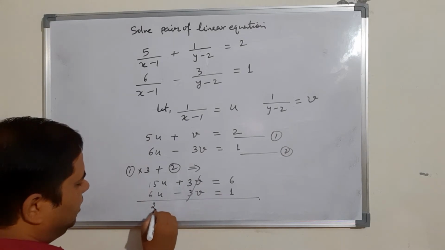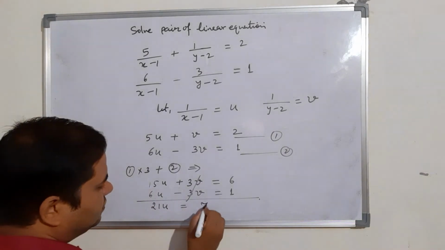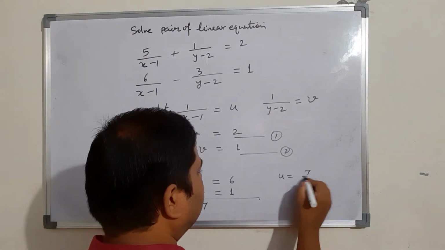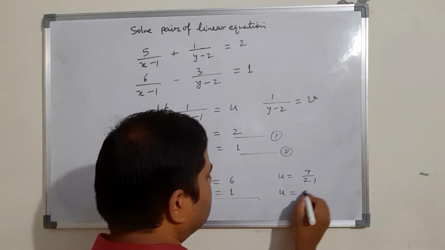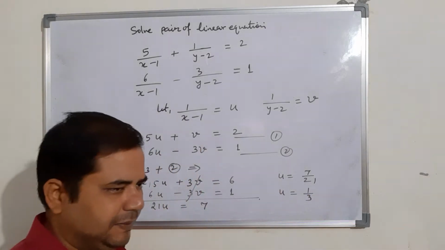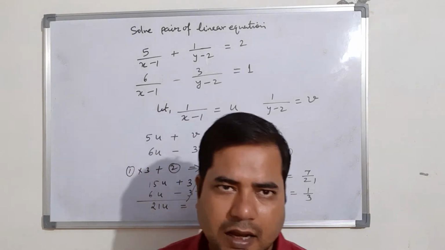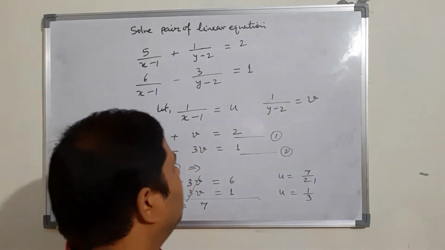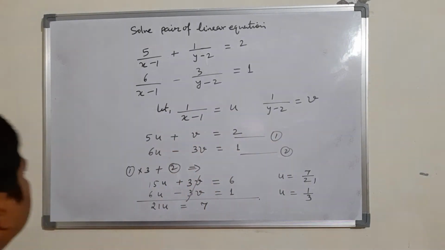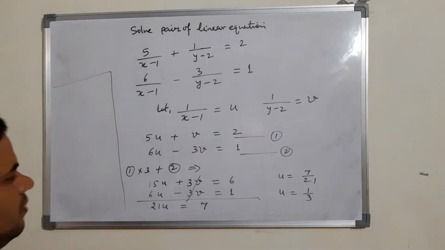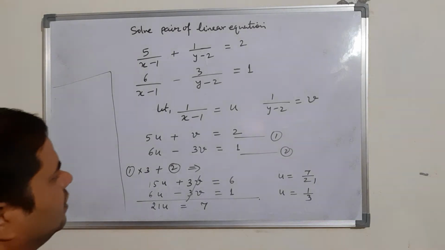15 plus 6, 21u is equal to 7. So u is nothing but 7 by 21, so u is 1 by 3. Now that u is equal to 1 by 3, we find the value of v by putting the value of u in any one of the equations.